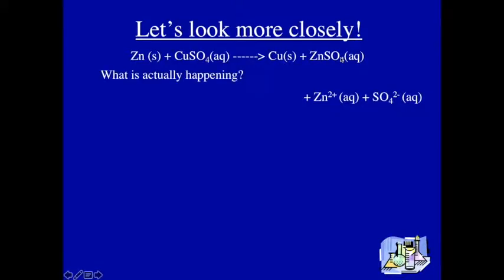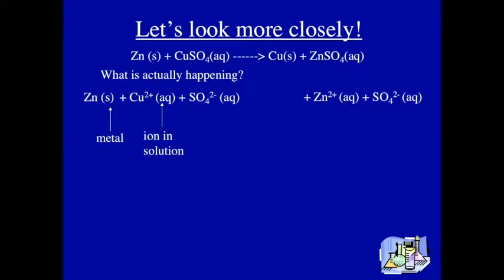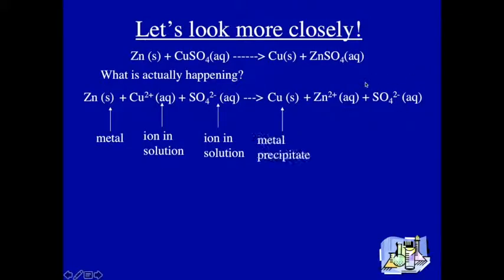What's actually happening there is zinc as a metal is being dropped into a solution with an ion, copper 2 in solution, and sulfate, another ion in solution, and then it is turning into copper as a metal, which precipitates out of the reaction, zinc 2 ion, or zinc ion, which is now an ion in the solution. So zinc was a metal, now it's an ion, and the sulfate actually doesn't do anything.